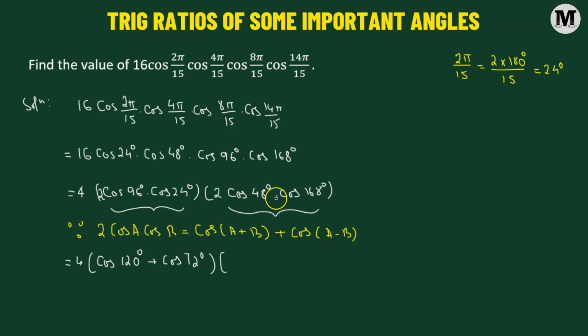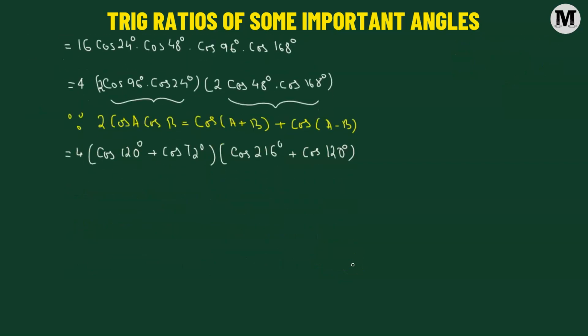Then 2 times cosine of 48 times cosine of 168: adding the two angles, 48 plus 168 is 216 degrees, plus cosine of 168 minus 48, which gives us 120 degrees.